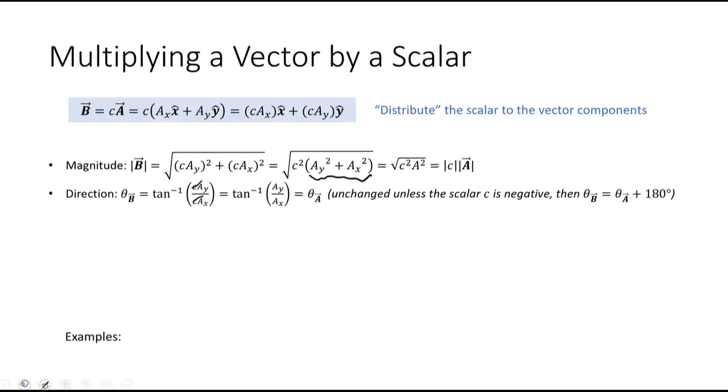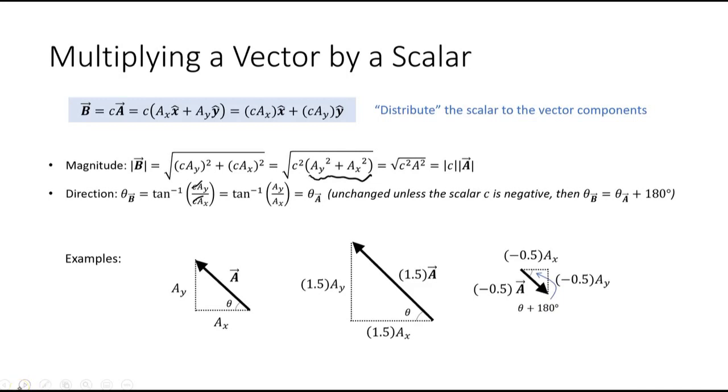So let's look at some examples here. I have some vector a, which has components ax and ay, and it forms an angle theta here. I've drawn it above the negative x-axis, right? So this axis here would be pointing in the negative x direction. So I would say that's the angle above the negative x-axis as drawn here.